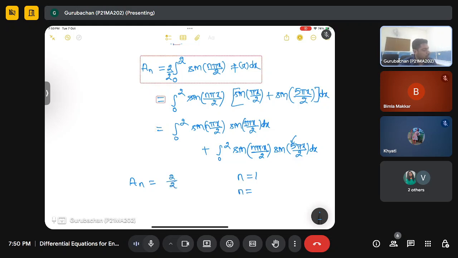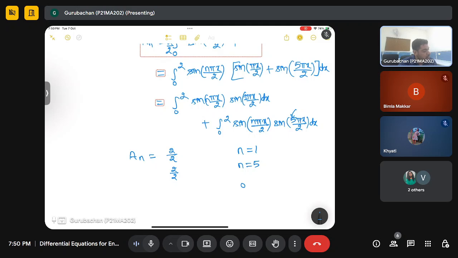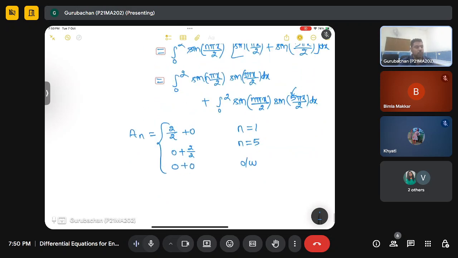When n equals 5, this integral again contributes 2 by 2. Otherwise, both integrals become 0. Here let me write 0 plus 2 by 2, and 0 plus 0. This is the orthogonal property of the sine function that I have mentioned in the previous questions also.